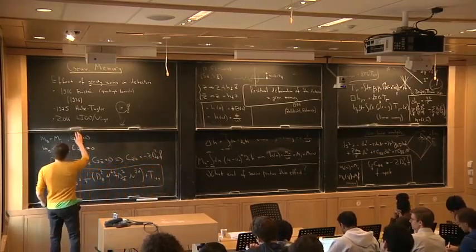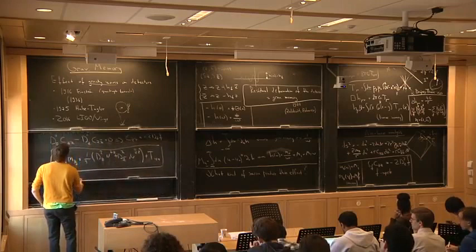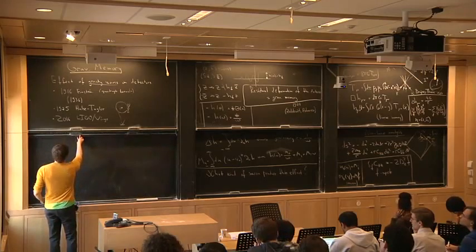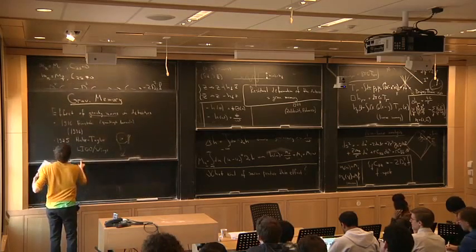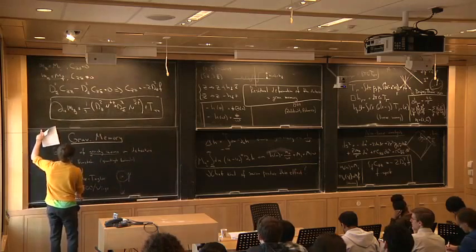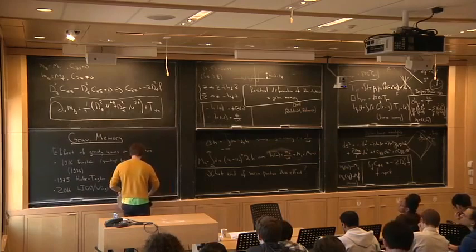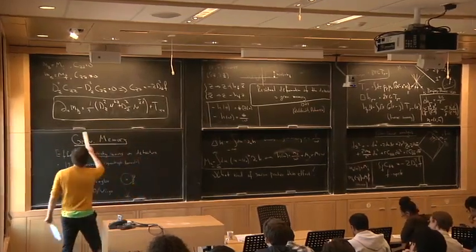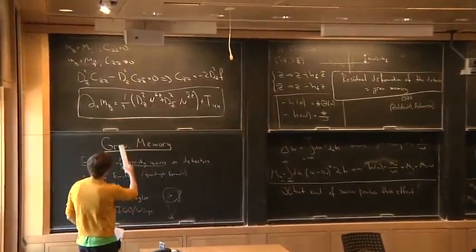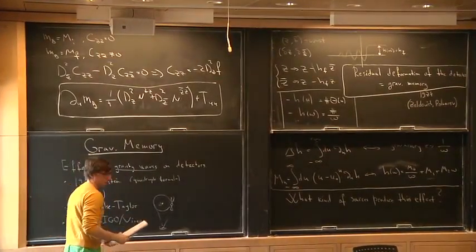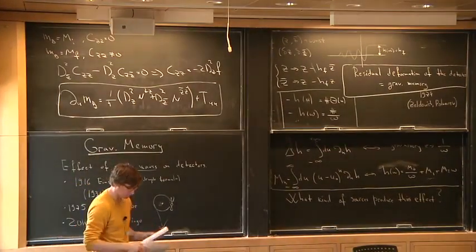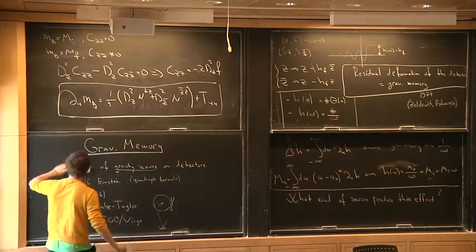Now the problem that I would like to solve is to find f, which describes the transition to another vacuum using this equation. So it's a very simple problem.